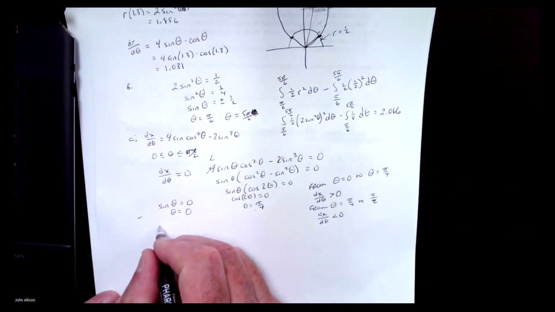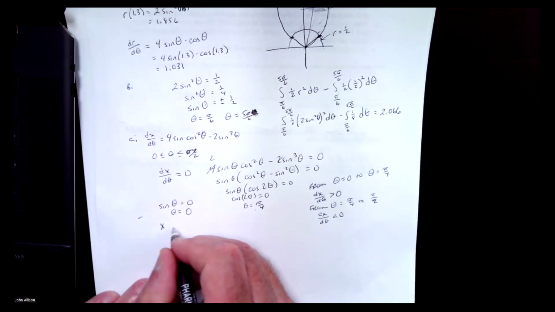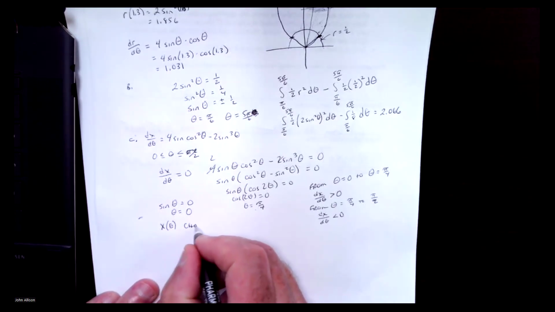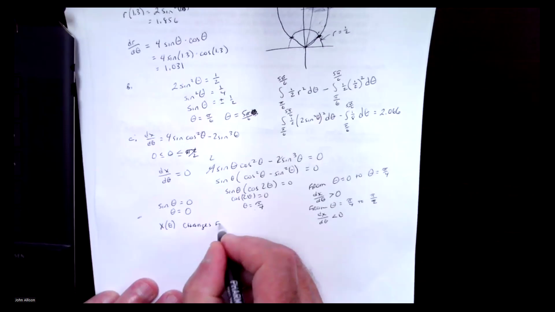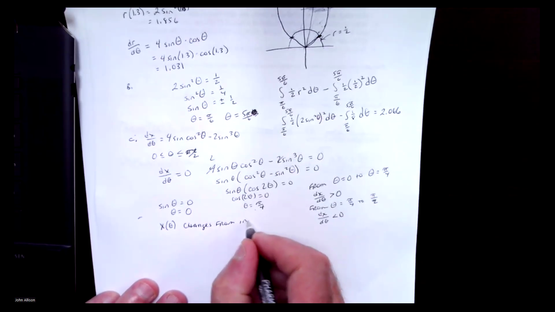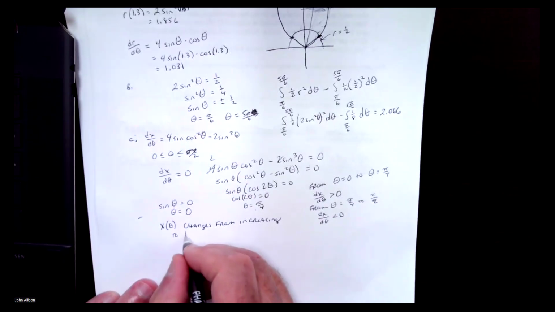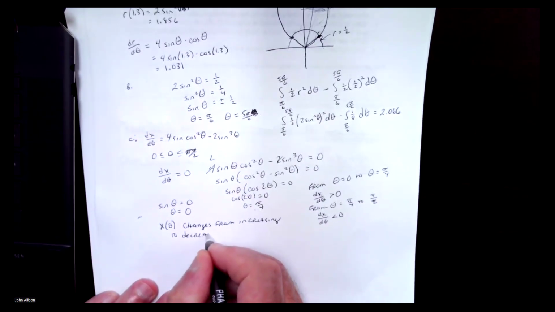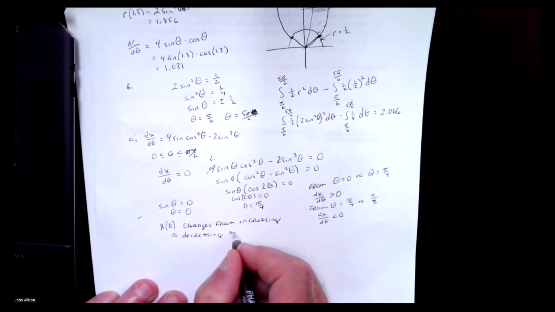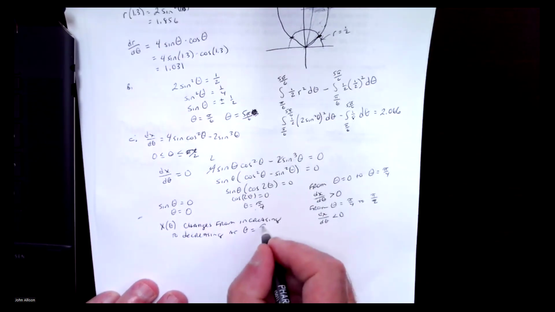So we can say that x of theta changes from increasing to decreasing at theta equals pi over 4.